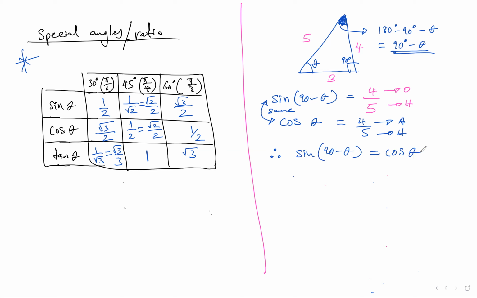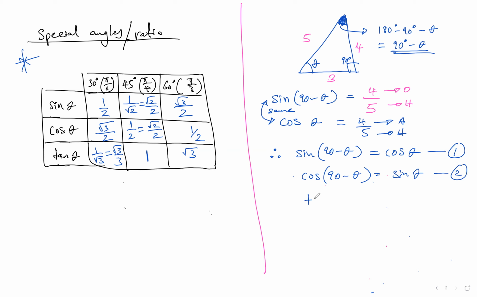This one is good if you can memorize. If you can't, then you should just draw this triangle out. Okay. So this is important. It's only one of the equations. So there's a few more. So I'll just write down those as well. Cosine 90 minus theta is the same as writing sine theta.